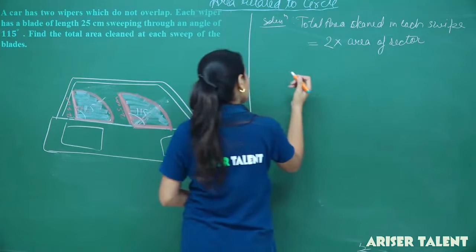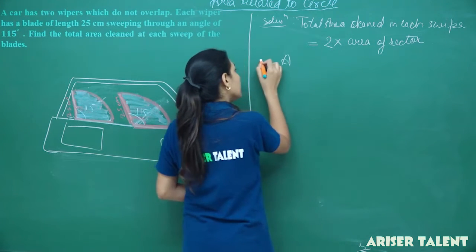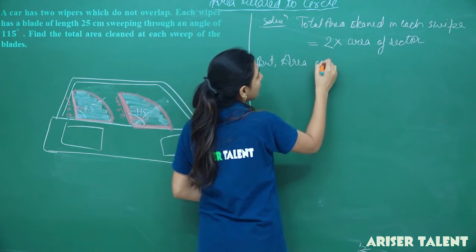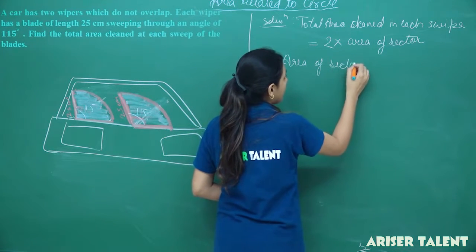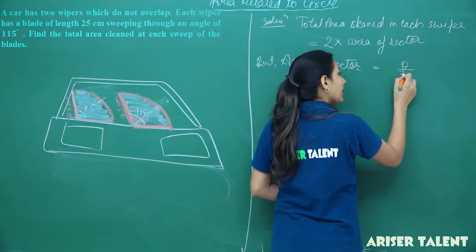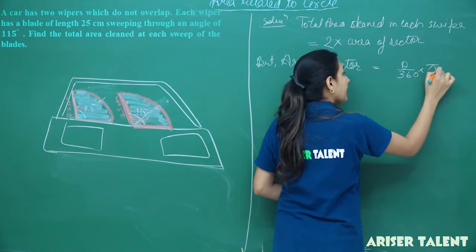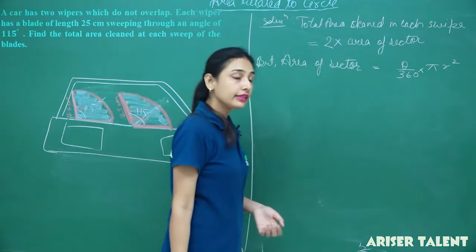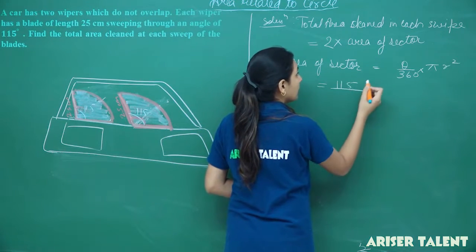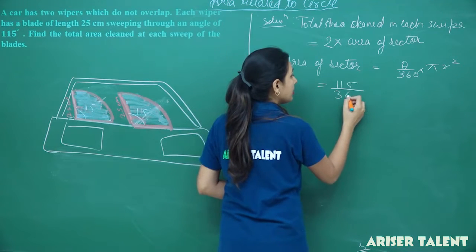Right. Area of sector, but area of sector equals what? Area of sector is simply theta by 360 pi r square. Right. Now theta is 115, over 360.